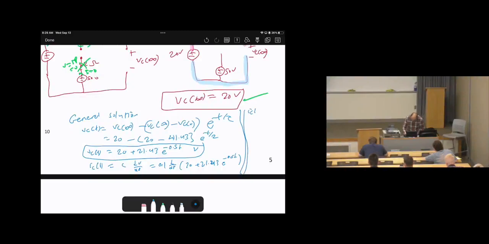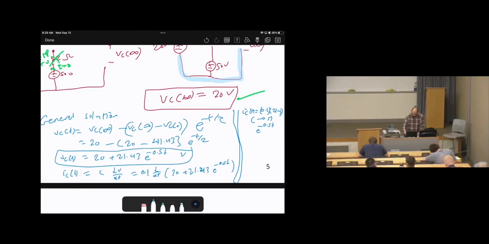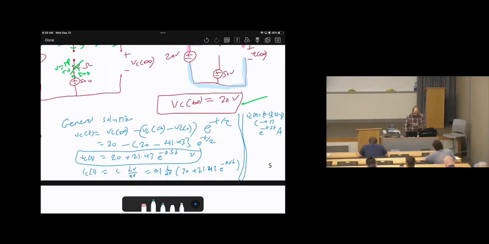So IC of t will be 0.1 times 21.43 times negative 0.5 e power negative 0.5 t. Then you can calculate this. Actually, I don't have the exact number, but you can calculate it.